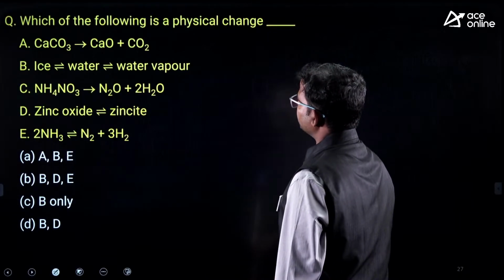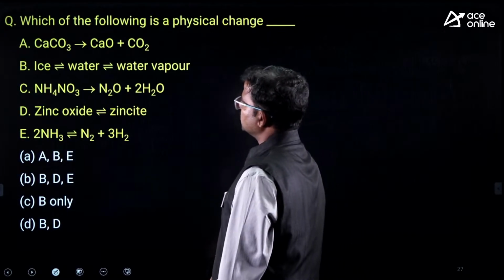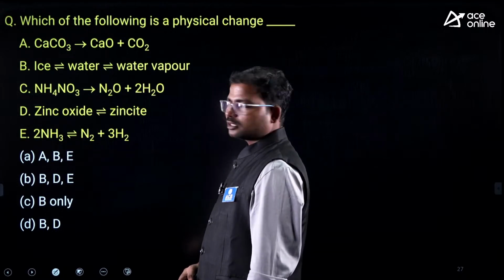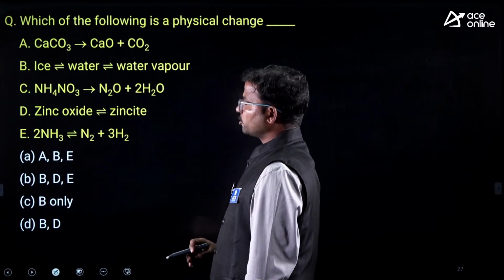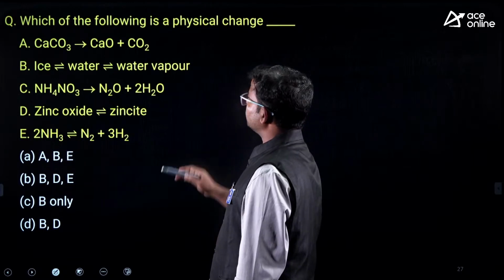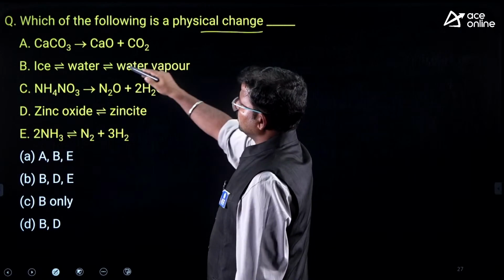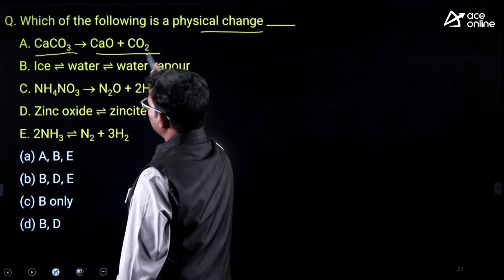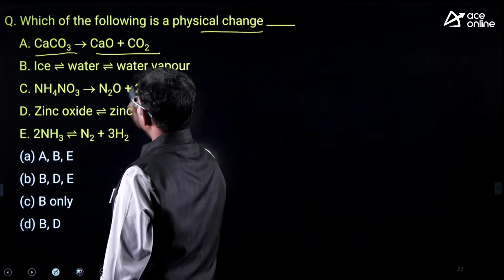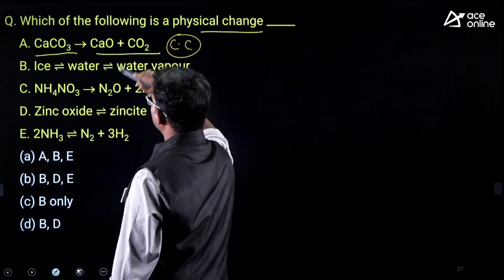Which of the following is a physical change? Physical change means the chemical formula should not be varied. It should be the same, then only it would be considered a physical change. But here the left side components and right side components are not the same. That's why this is a chemical change, not a physical one.